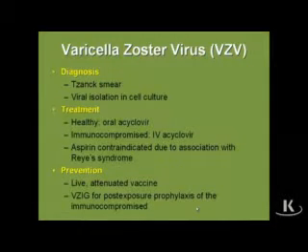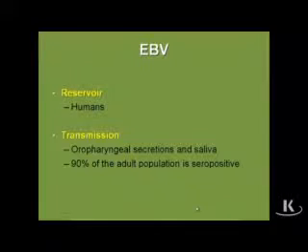Now, the other thing that we can do is we can give varicella zoster immune globulin for post-exposure prophylaxis for immune-compromised patients, again, because they are the ones who will tend to get the complications from VZV, including pneumonia and encephalitis.